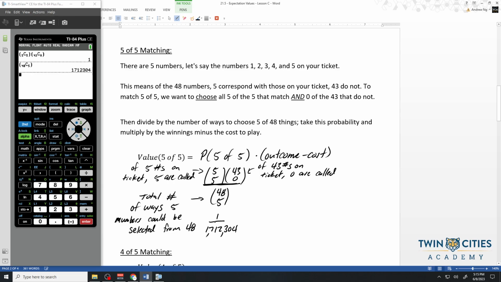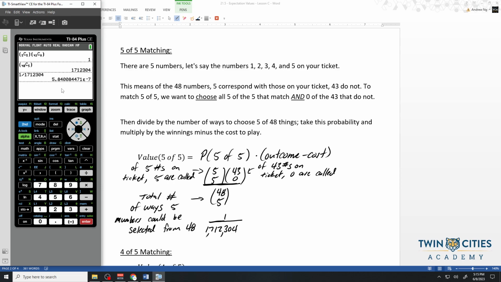1,712,304. That's my probability. Or roughly 1 divided by this. Okay, so that'd be 0.000000584.